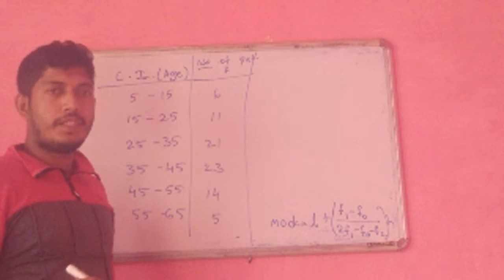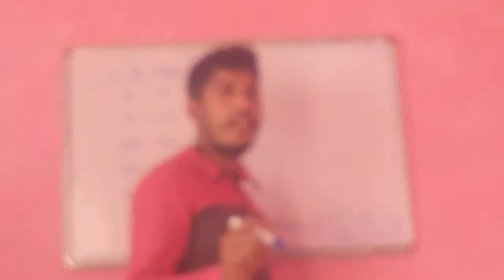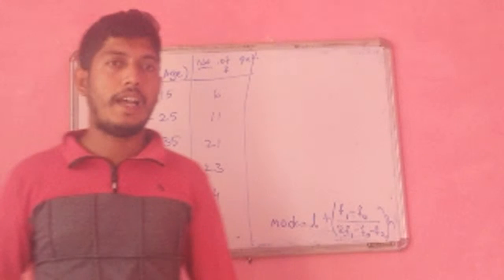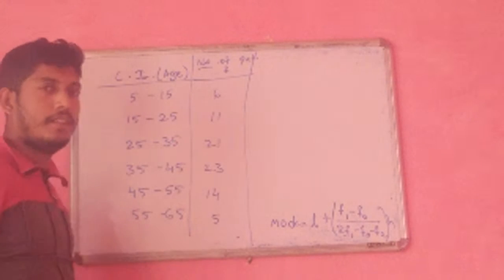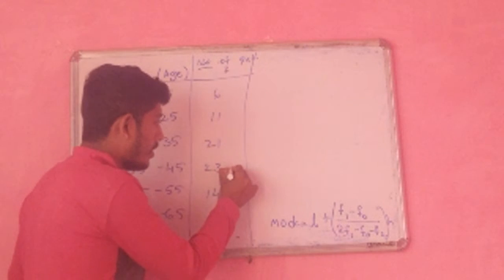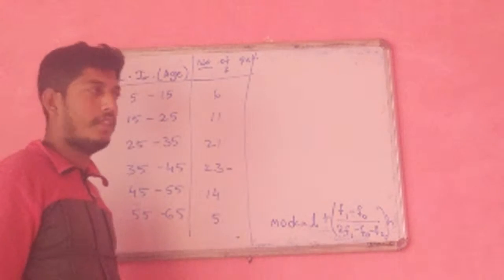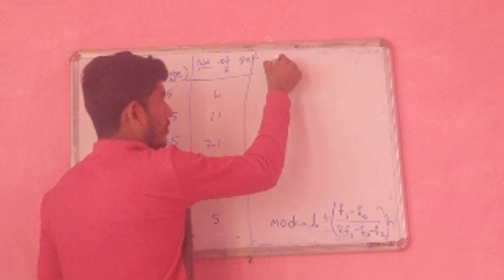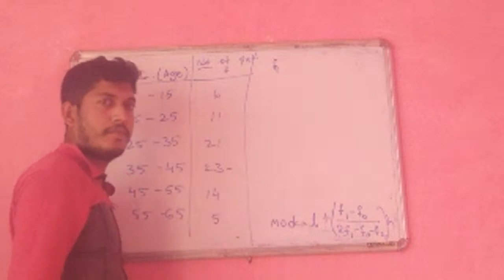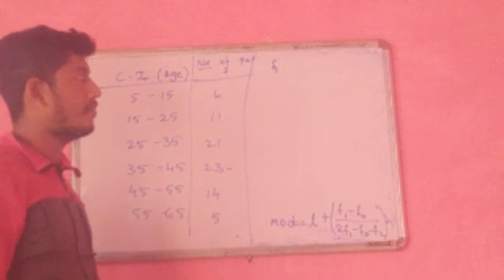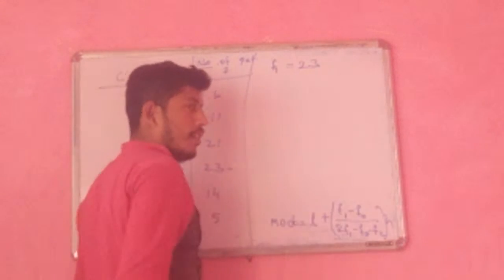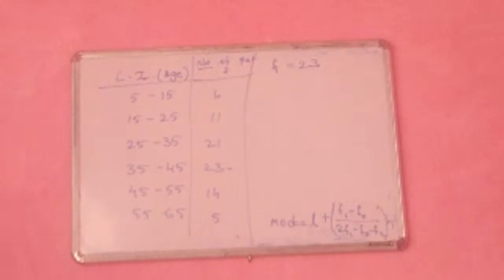First we have to choose F1, that is the highest frequency in the tabulation. Which is the highest one here? 23 is the highest value. That one we consider as the frequency, that is F1 equals 23. Now just find the values of F0 and F2.